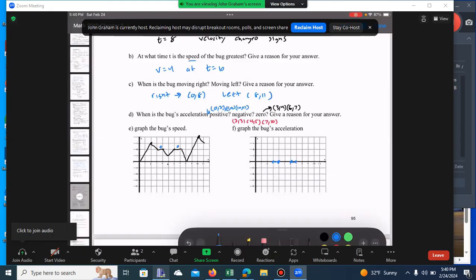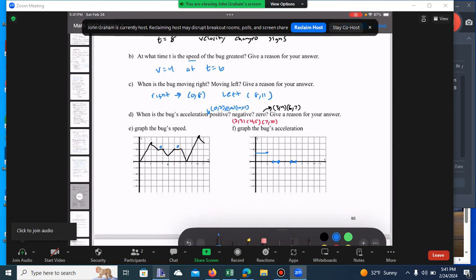Now we can get the lines here. So 0 to 2 has a slope. It goes up 3 over 2, so 1.5. Straight line, because slope is a straight line. It's a constant acceleration there.